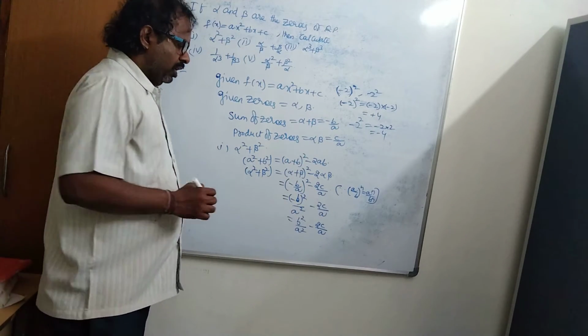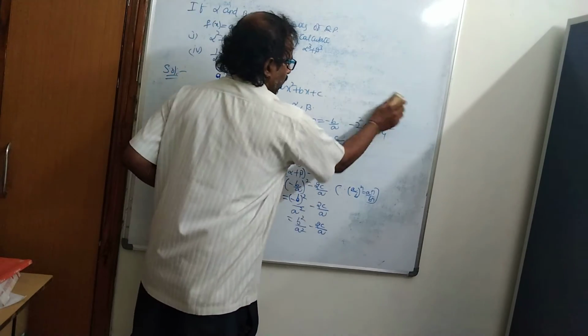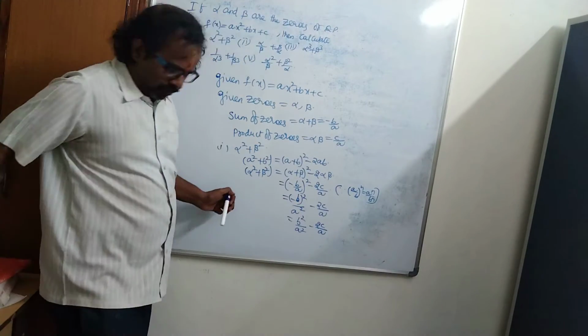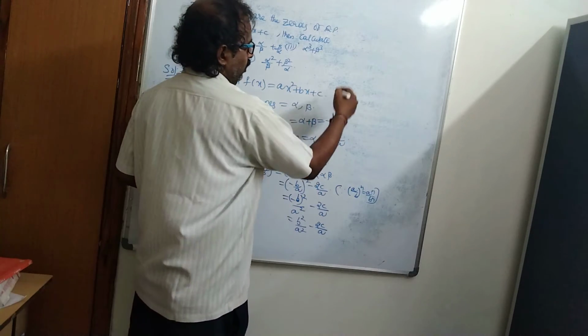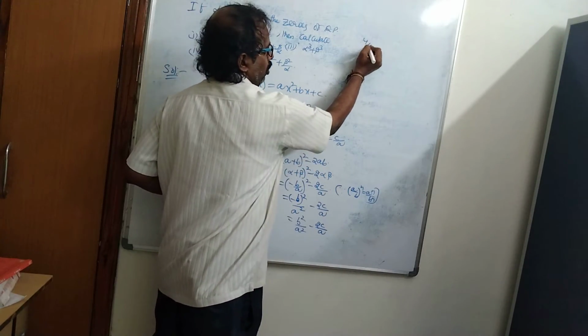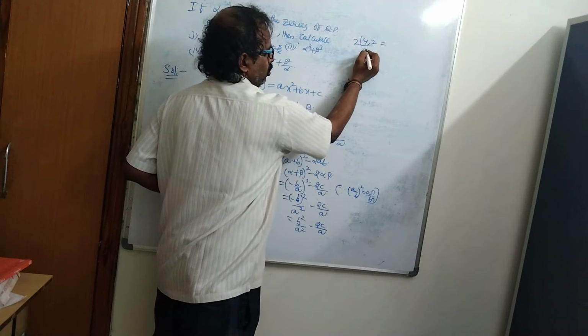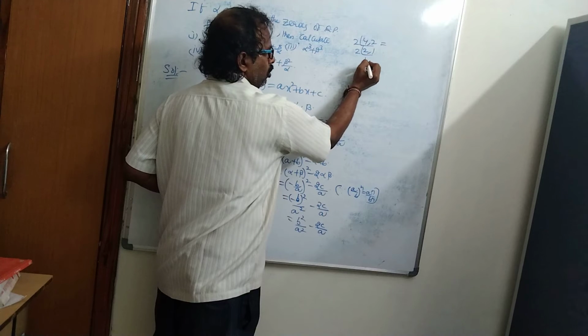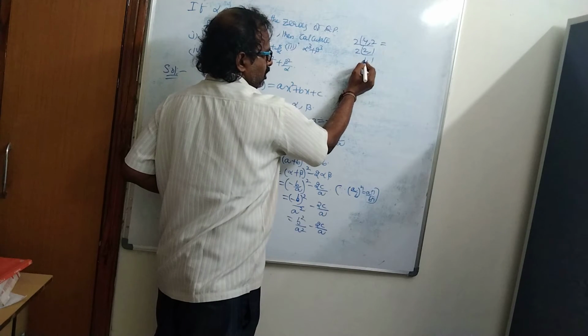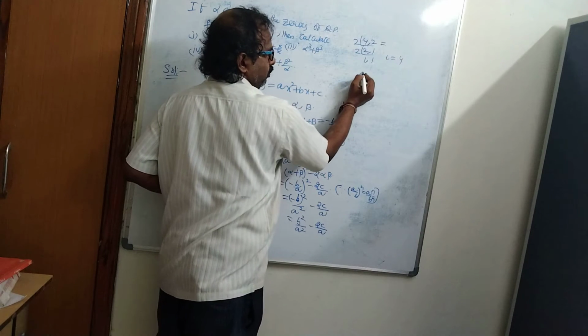Now LCM for a square and a. Let us take one example. Take 4 and 2: LCM will be 4.